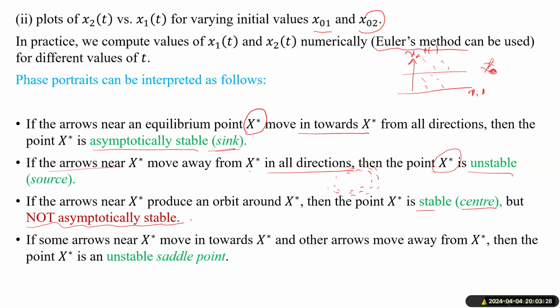Sometimes some arrows move towards x star and other arrows move away from the equilibrium point. In such a case, it is called an unstable saddle point. So this is what we discussed in the previous section. The same can be applied here, but here we are using plots, with x1 as the x direction and x2 as the y direction, and sometimes we can use the Euler method for this.